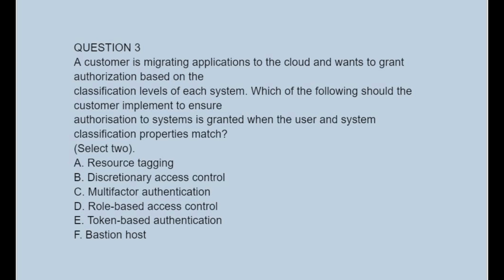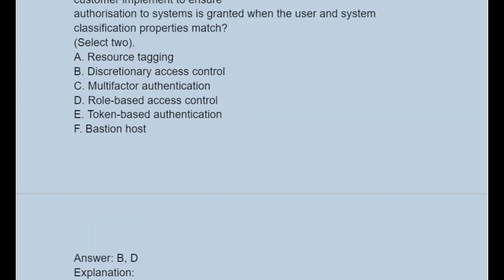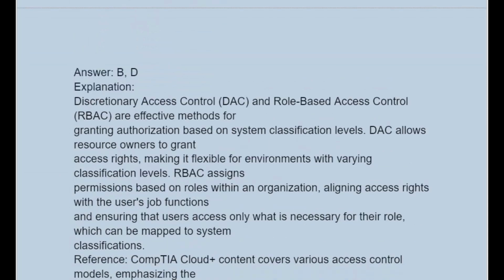Option A resource tagging. Option B discretionary access control. Option C multi-factor authentication. Option D role-based access control. Option E token-based authentication. Option F bastion host. Correct answer is option B and option D.